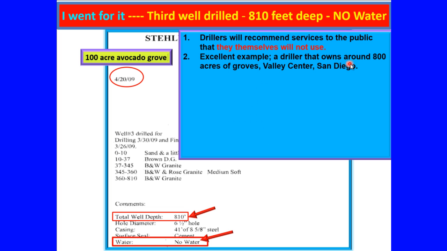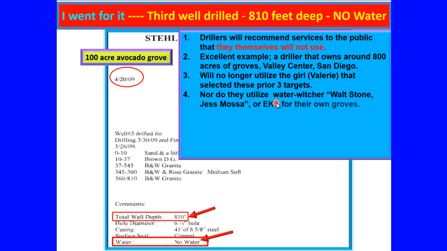A driller that owns around 800 acres of groves, Valley Center, San Diego, will no longer utilize the girl Valerie that selected these prior 3 targets. Nor do they utilize Water Witcher, Walt Stone, Jess Mosa, or EKS for their own groves, but has recommended all four and others numerous times to the public for years.